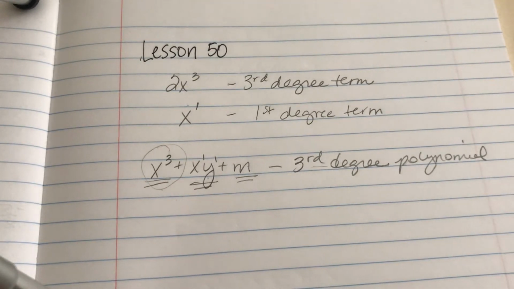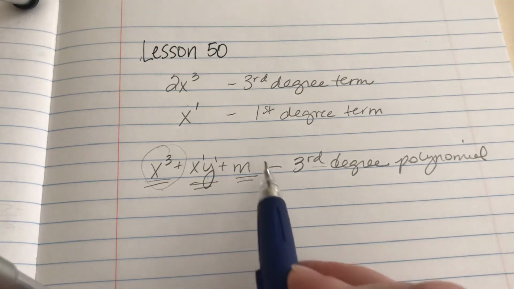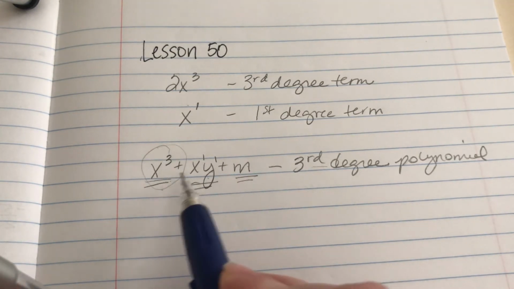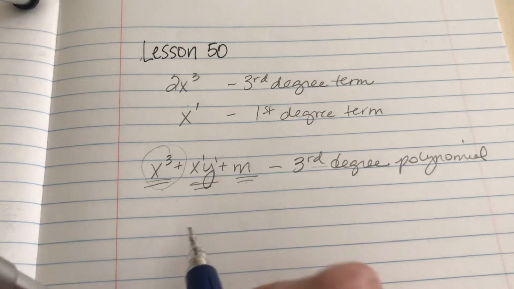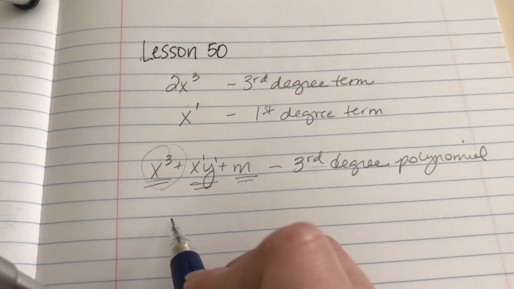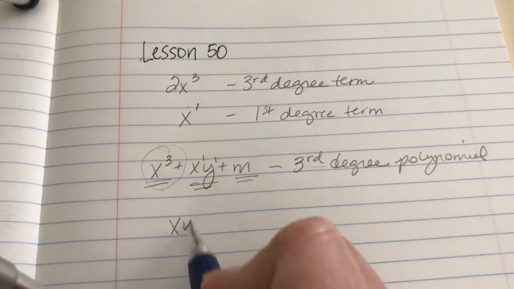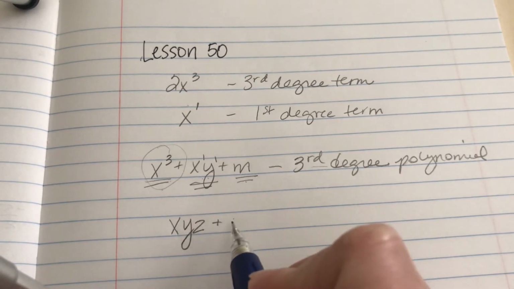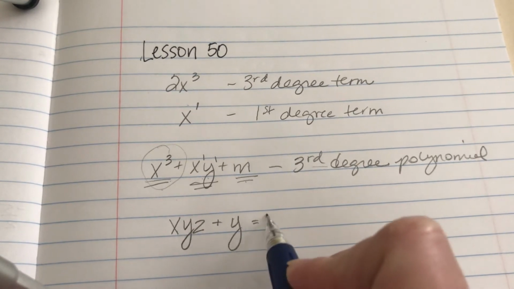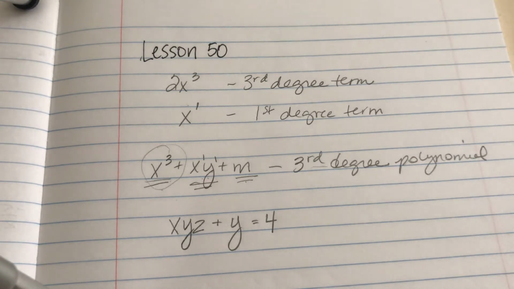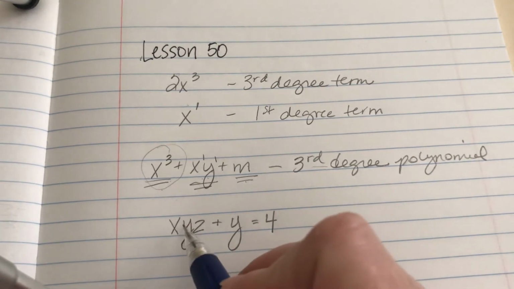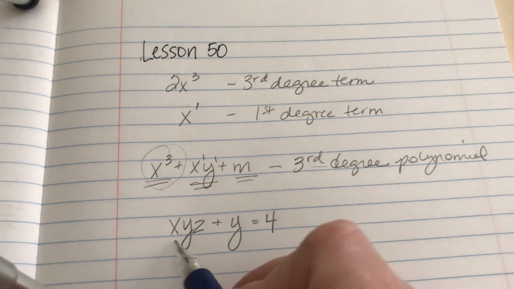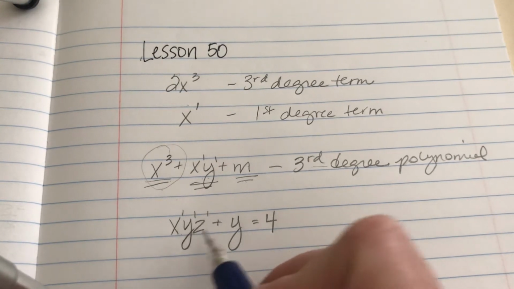Now we can take it one step further and talk about polynomial equations. This was just an example of a polynomial because it's just 3 terms added together. But if we have a polynomial equation, it could be any polynomial that basically has an equal sign involved. When we look at this one, again, when we have multiple variables within the same term, we add their exponents together.